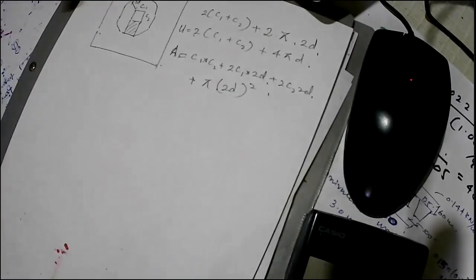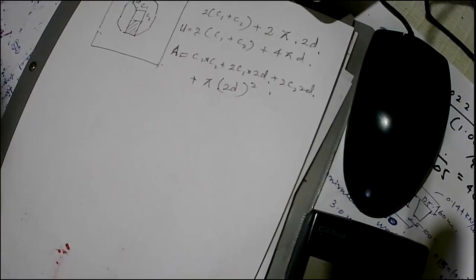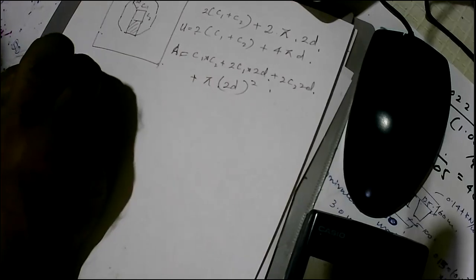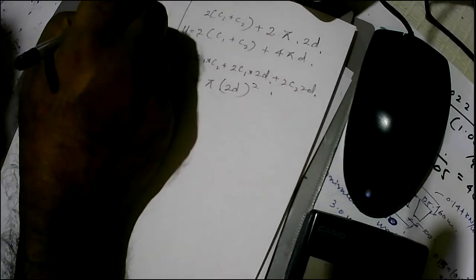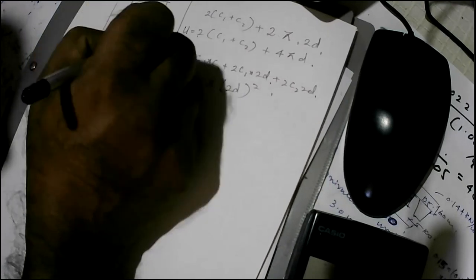So that is one way of writing the equation. And if C1 is equal to C2, then we can say this area is this area minus this one.